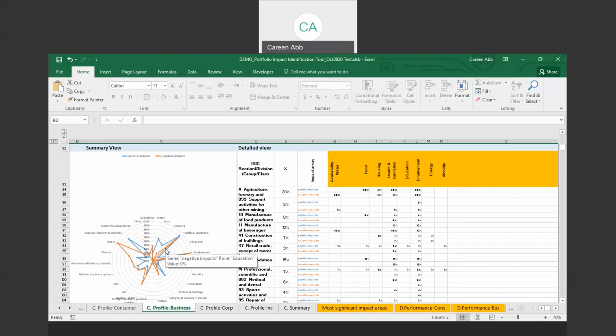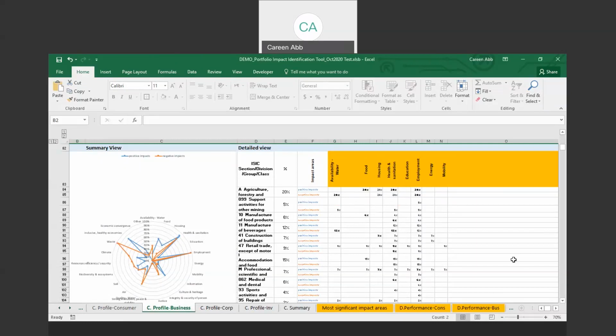The red line represents the negative associations. You may well have both positive and negative associations for a same impact area, in that a given sector or activity may well have both positive and negative impacts potentially in the same impact area.